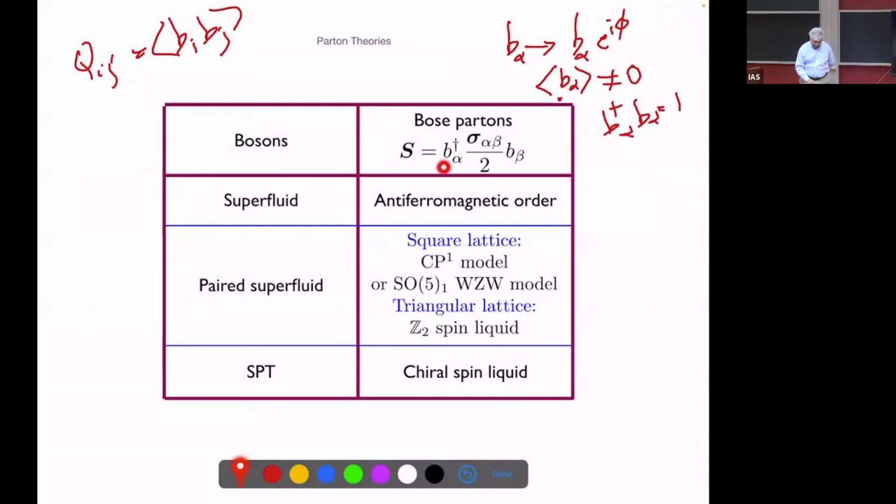So in this case, it's U1, that b goes to b e to the i phi. That's the biggest transformation that leaves this decomposition invariant. Okay, so that's step one. Then step two is you now take these partons and write down some theory, and that theory will have some Higgs fields. Depending on what kind of interactions you have, you'll introduce a bunch of Higgs fields. And then you have to ask which of them are condensed. So that's a dynamical question, and not something I can tell you ahead of time.